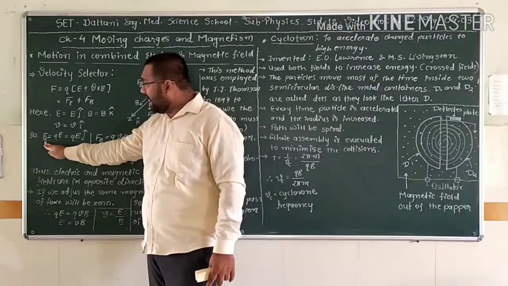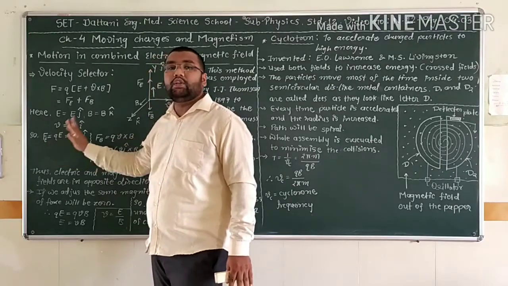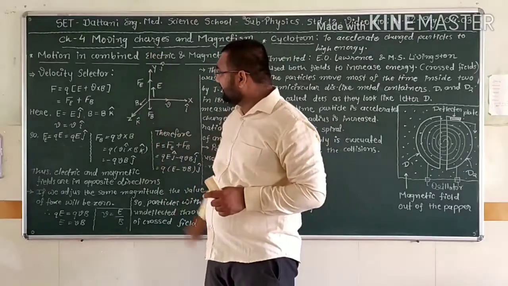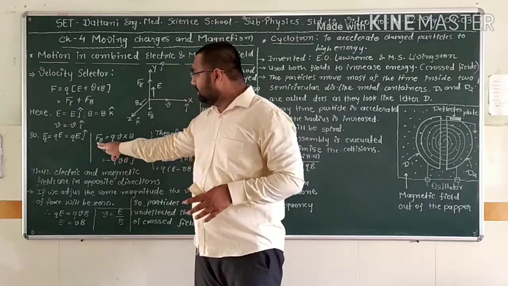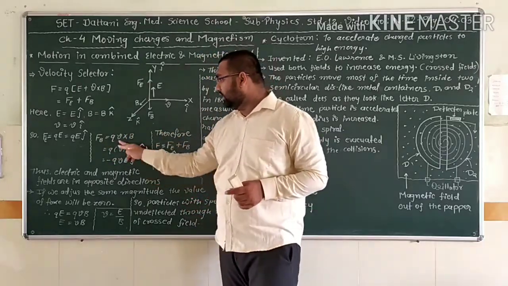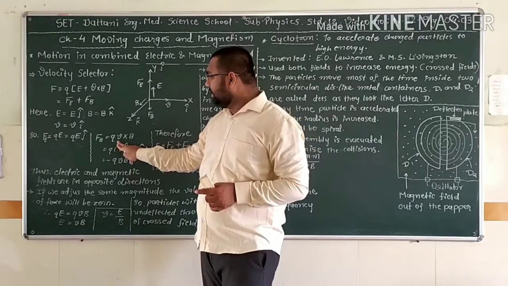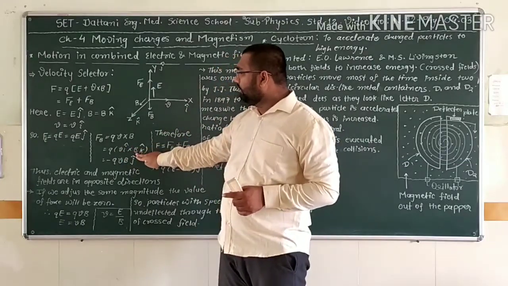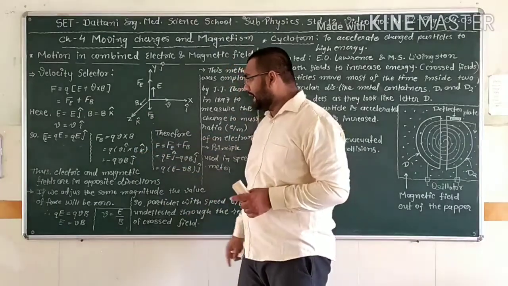So here we have the electric force Fe equal to Q into E, but the direction of the electric force is in y axis direction, so it is denoted by QE into j caret. Now the magnetic force is opposite to the electric force, so Q into V cross B. Here the direction of V is in x axis, denoted by i caret, and the direction of the magnetic field is k caret, so it is denoted by B into k caret.